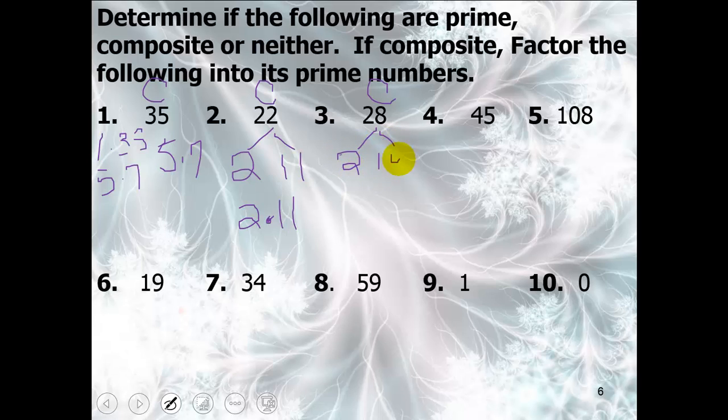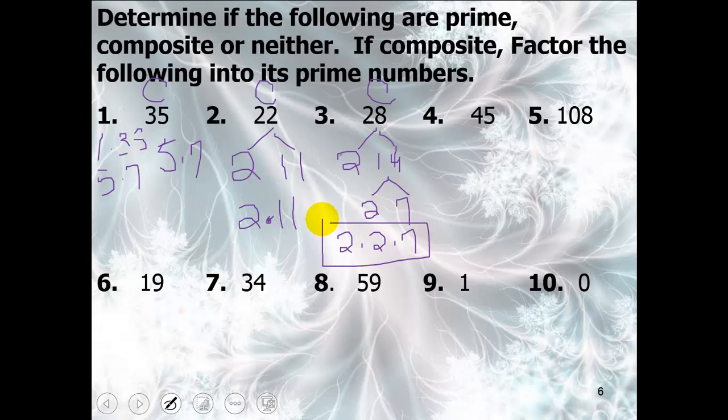I get 2 and 14. 2 is prime, but 14 is not, so I'm going to divide by 2, and I get 7. So I get 2 times 2 times 7. That's 28 written as the product of its primes. Those are the prime factors of 28.